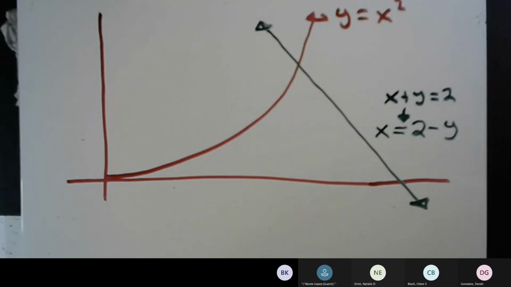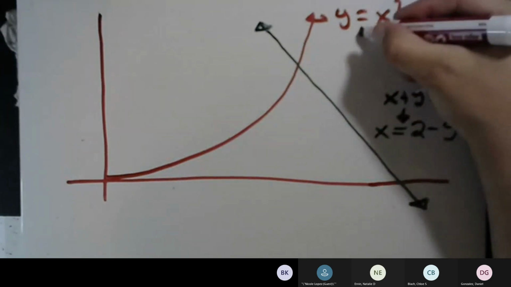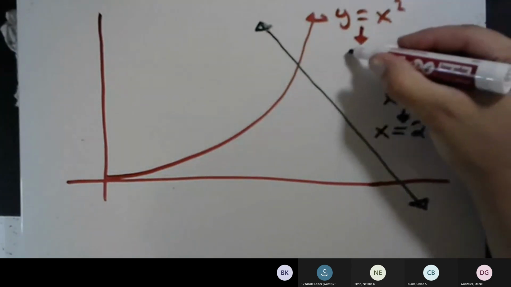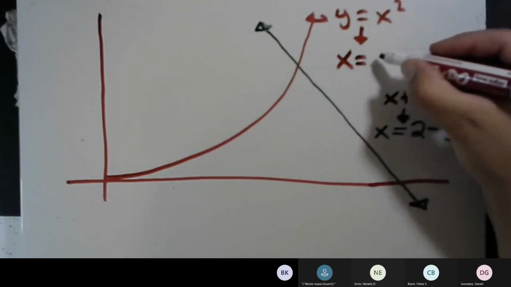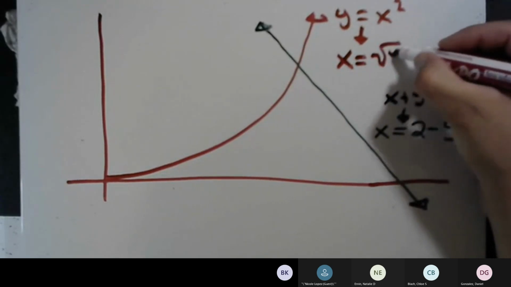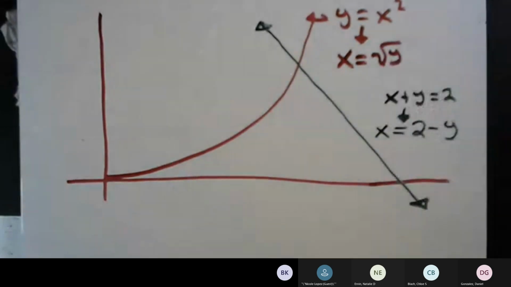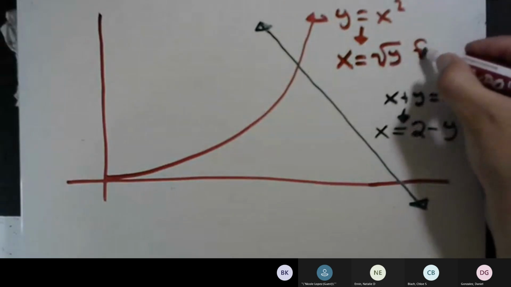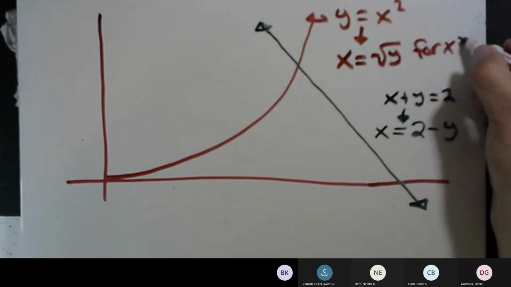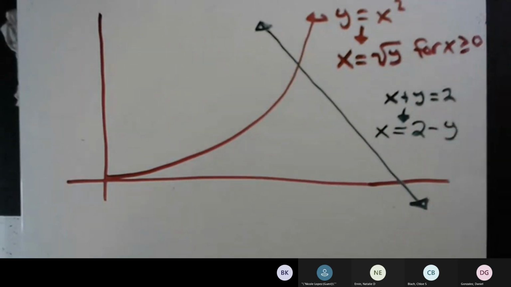We're going to solve for x. Same thing here. We're going to get x is the square root of y, and this is for x greater than or equal to 0.